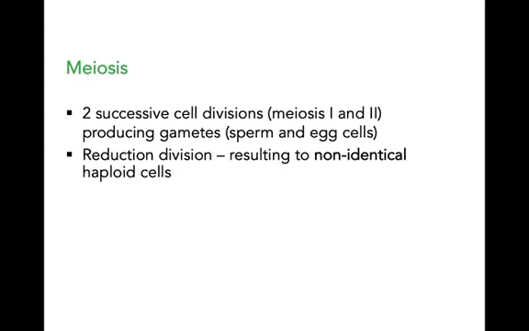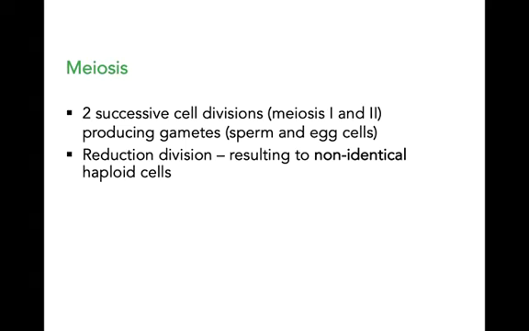Meiosis is termed as reduction division kasi nagiging haploid eventually from 2 sets of chromosomes, naging 1 set of chromosomes na lang, okay? And remember, in contrast to mitosis kanina, which is identical cell, yung example natin kanina, squamous cell, mag-mitosis, mag-produce siya ng mga daughter cells na squamous cell din.